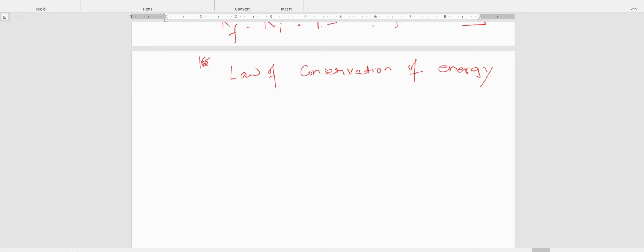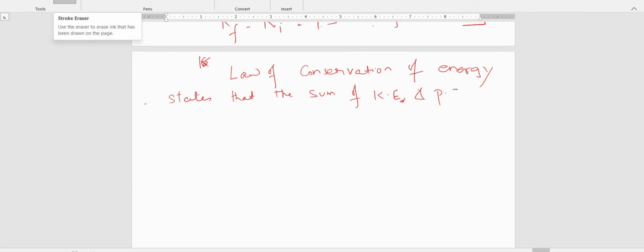So law of conservation of mechanical energy states, we know the definition, that the sum of kinetic energy and potential energy, or in a different way, it is for mechanical energy. In general way we can write.